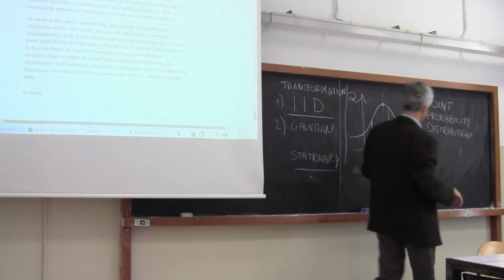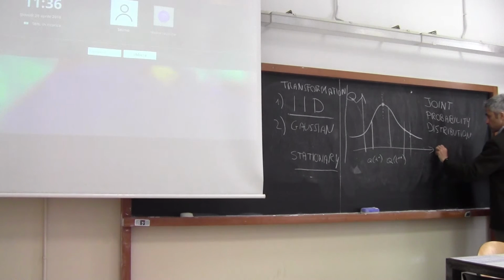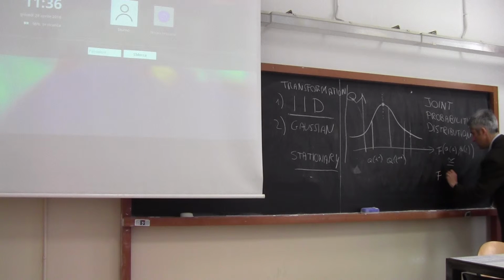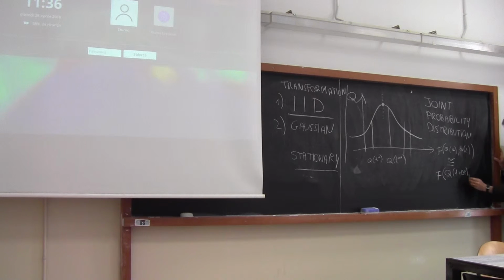So if I consider the joint probability distribution f of x1, x2, random variables observed at time 1 and time 2, or let me use q to be clearer, this is equal in distribution to f of q1 plus delta t, q2 plus delta t.